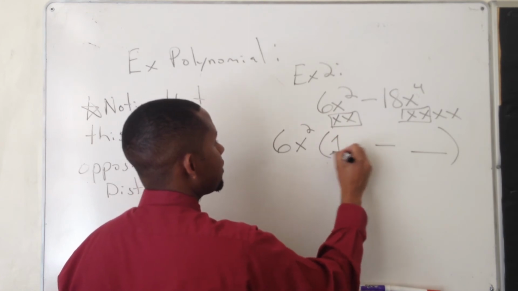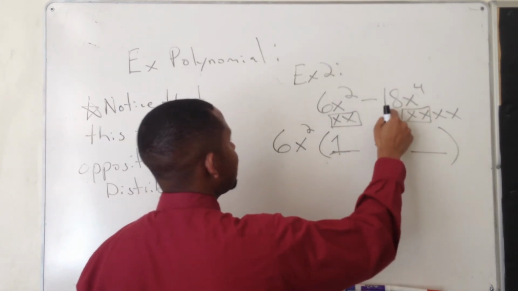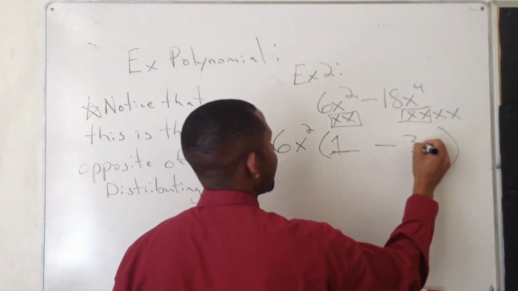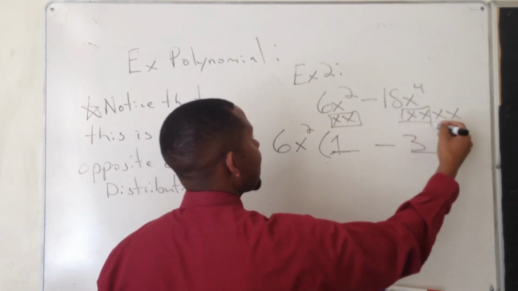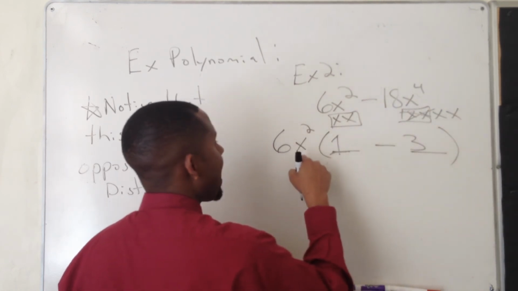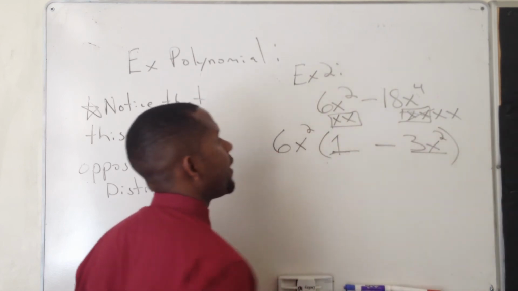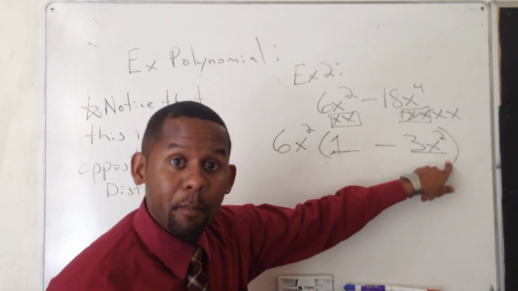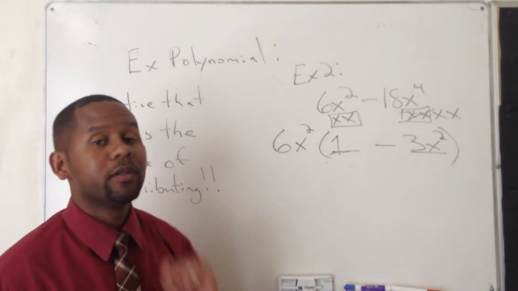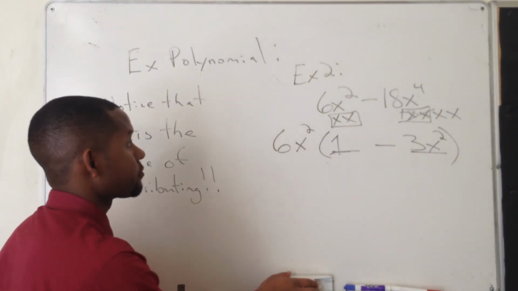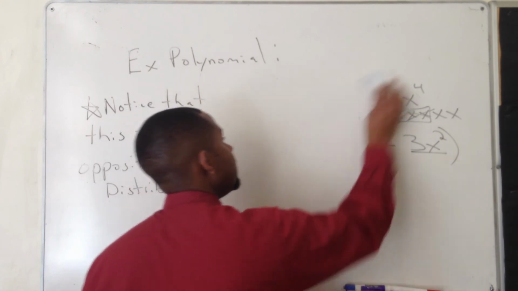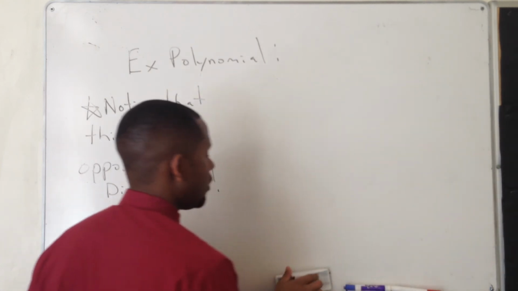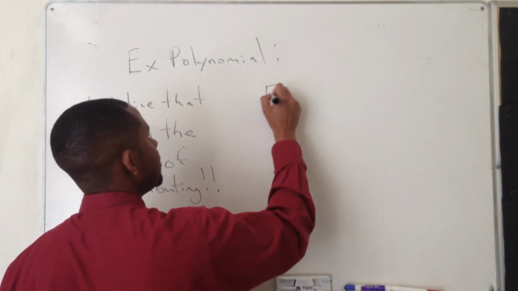So the only thing I have is a 1. 18 divided by 6 leaves me with a 3. I had 4 x's, but I took 2 of them out, so that leaves me with x squared. Okay? And notice, if I distributed this back, I would end up with the same answer. Okay? We'll leave one more example for you all to do.